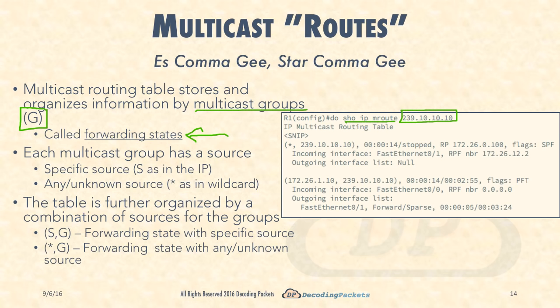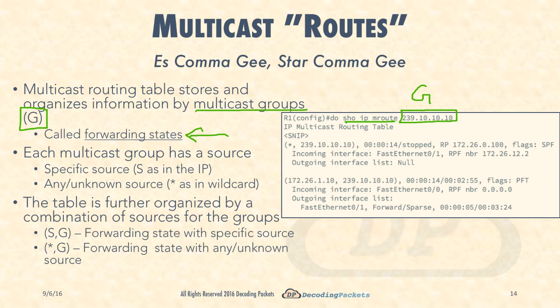In this case, I'm looking for something in that administratively scoped block, 239.10.10.10. So there is a group 239.10.10.10, and I need to see information regarding that group. So already you can see here's a star,G, then there is an S,G, but we need to understand what all of this is.